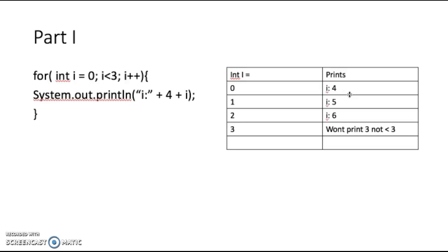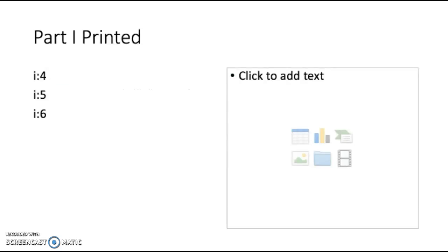We add 1 to I, running 1 through the for loop, and up until we have to run 3 through the for loop, because 3 is not less than 3, it will not print anything when it gets up to 3, which means we exit the for loop, and these are our values printed in part I.